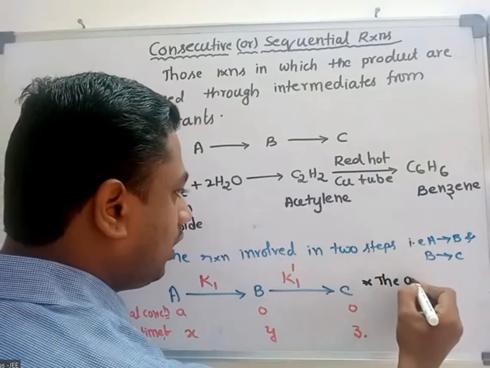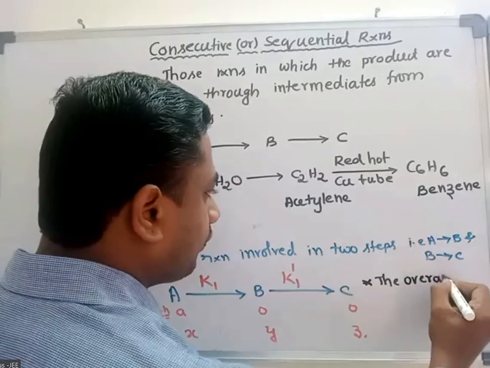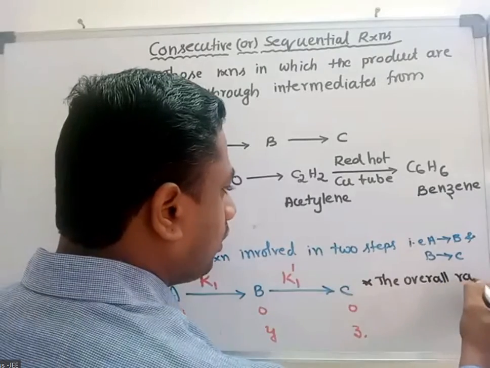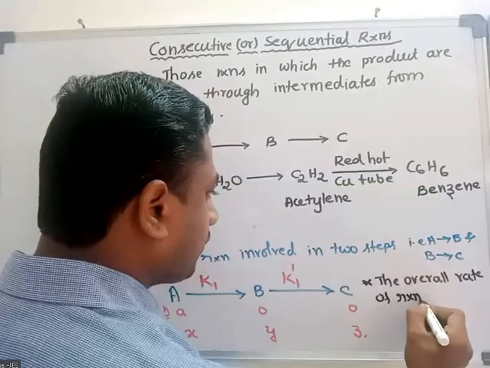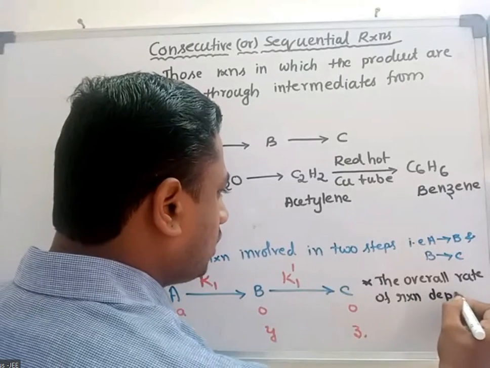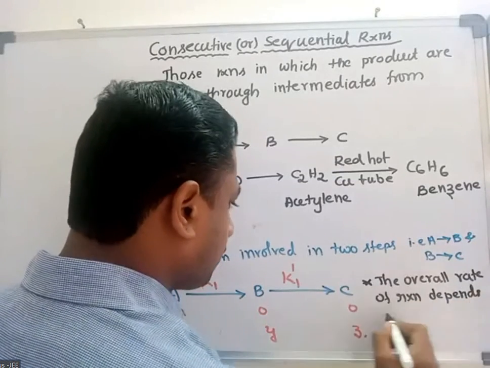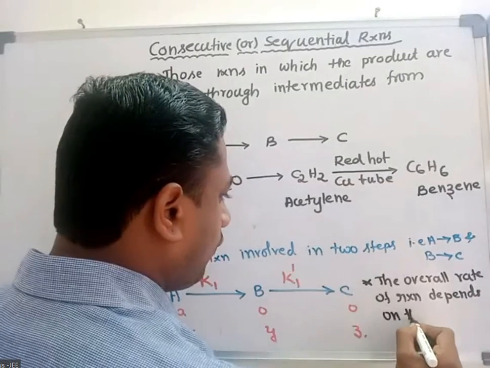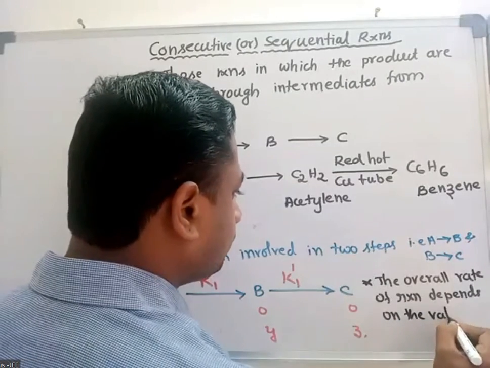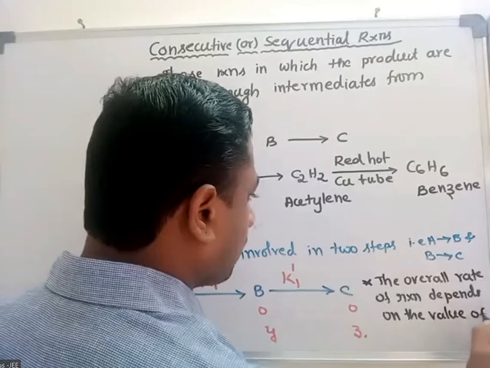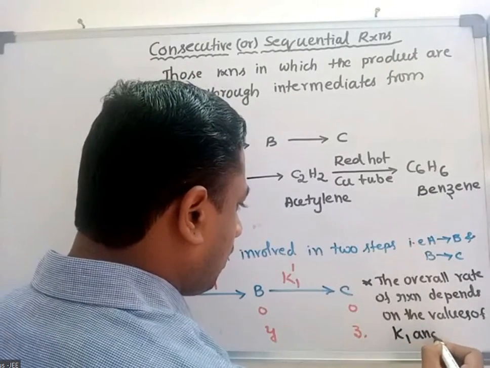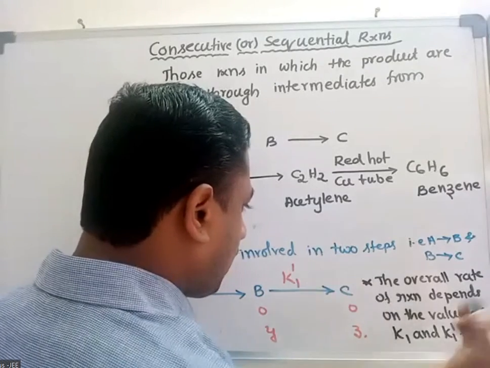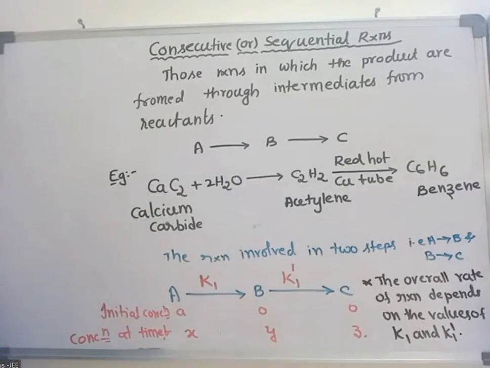The overall rate of reaction depends on the values of K1 and K1 dash.